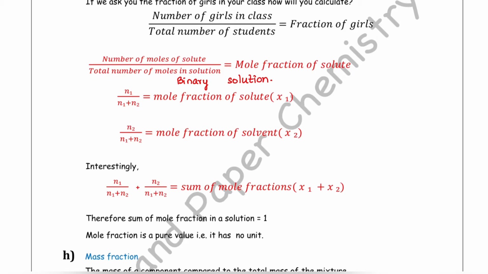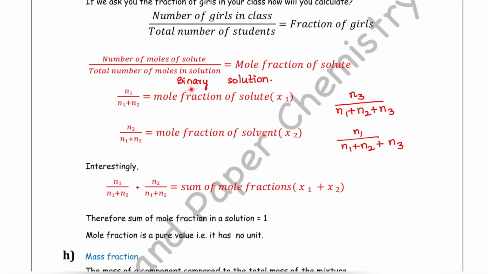If you have a ternary solution, that means a solution which is made up of 3 components, then in that case our numerator as well as denominator will be written like this, N1 upon N1 plus N2 plus N3. It's a ternary 3 component solution, right? So the mole fraction of each component will be given by the number of moles of that particular component divided by the total number of moles in solution.